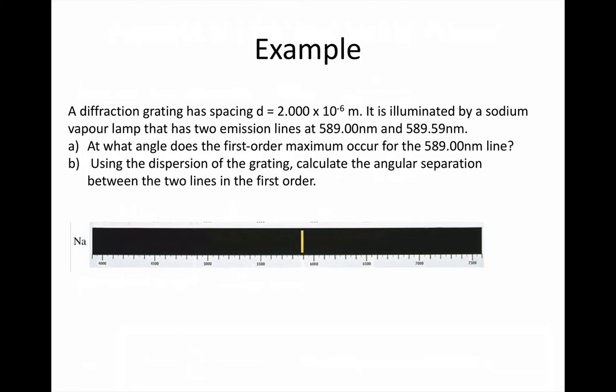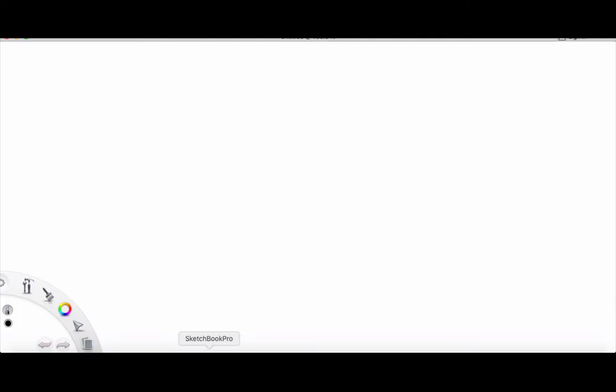Part A: at what angle does the first order maximum occur for the 589 nanometer line? And B: using the dispersion of the grating, calculate the angular separation between the two lines in the first order. We'll work through this on the tablet.